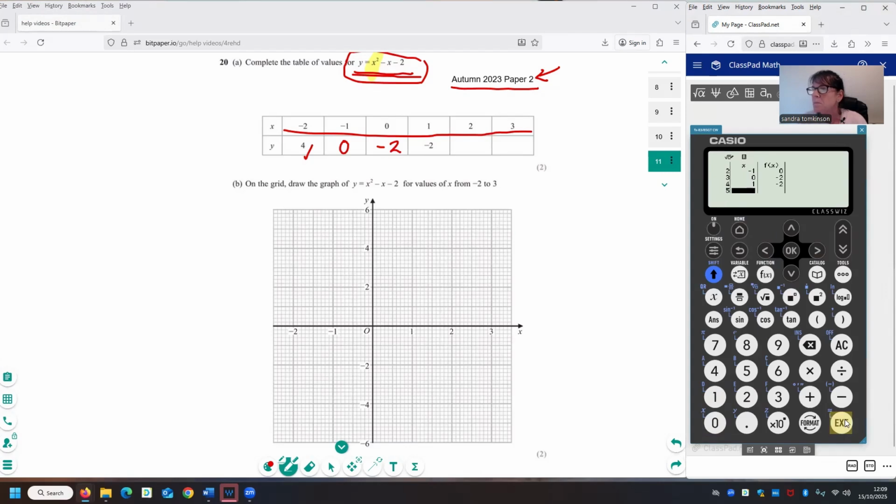So 1 gives me an answer of minus 2, which is what we have. 2 gives me 0. And 3 gives me 4, which is the same answers as we had before. And then you would draw the equation.